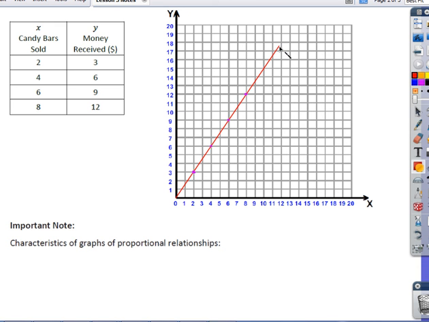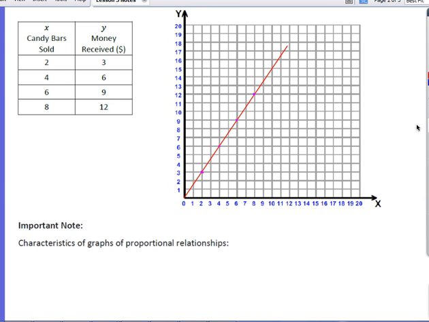And in fact, you can see when I do a straight line here that those points actually do connect. And so it forms a straight line. So that's the first thing I notice. The points lie on a line. The second thing I notice is that this graph starts at the origin, or 0, 0.